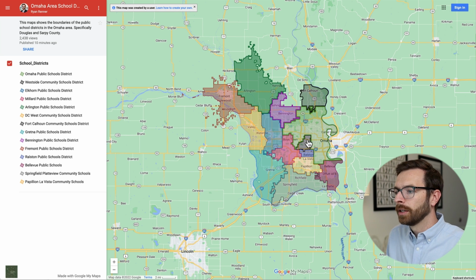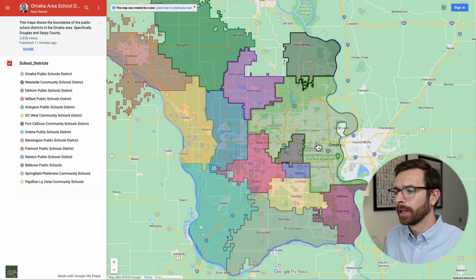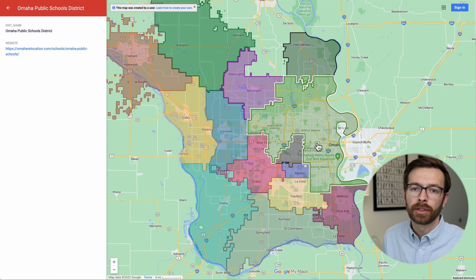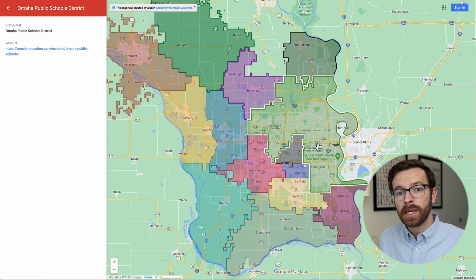But on this map here, you're going to see all the different boundaries for the different school districts in Douglas, Sarpy, and a couple other counties in the Omaha area. But this is only on the Nebraska side of the river. So this big green area right here, that's going to be Omaha Public Schools, also called OPS.